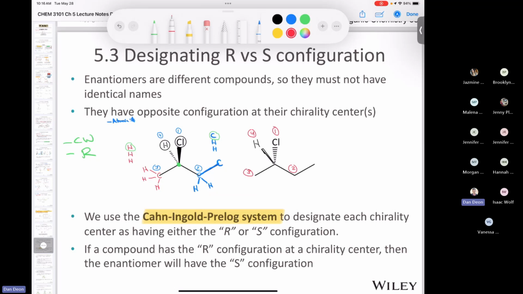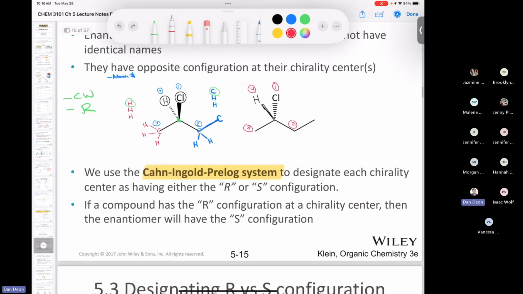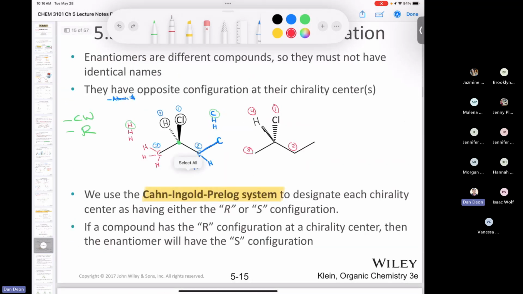So here's what we do. The way that I did it with this compound here, the lowest priority group, which was the hydrogen, was going in the back, okay? It's best to do it with the lowest priority group going in the back. If the lowest priority group is coming out towards you, like it is here, what you do is you read it, and this time it's going to give you R as well, but then if the lowest priority group is coming towards you, you reverse it.